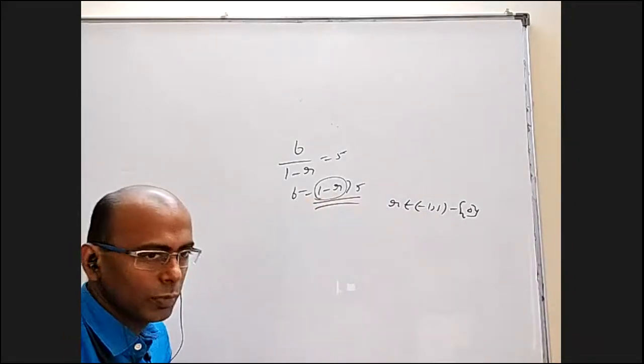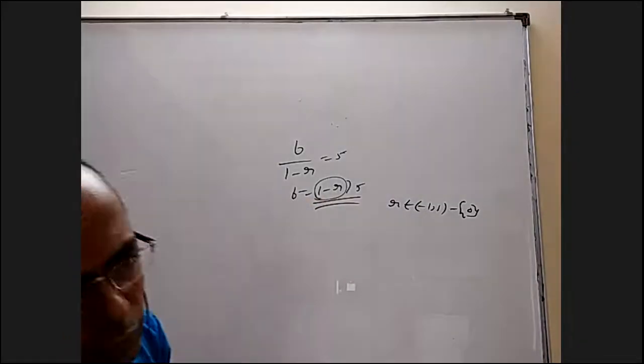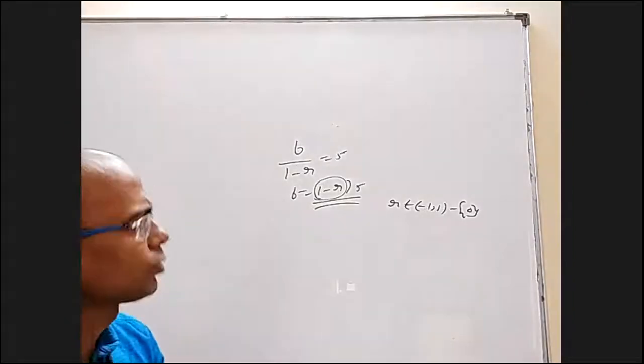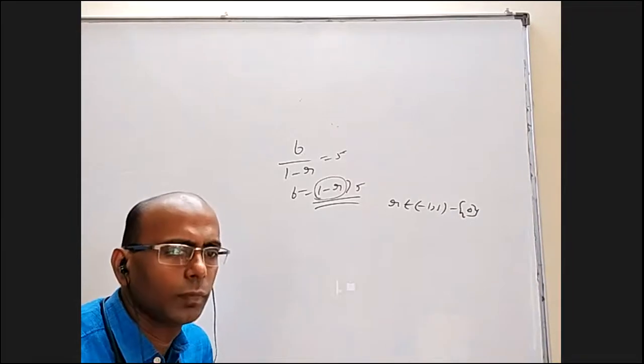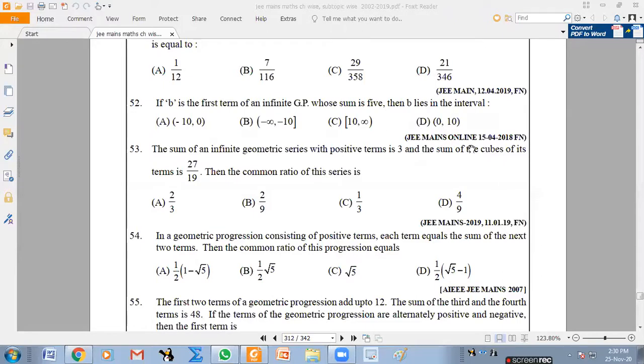So small b should be between 0 and 10, except 5 should be there. I don't know whether they gave that or not. They simply give 0 to 10. That means they take 5, 0, 0, 0, 0 forever also as an infinite GP, which may be wrong, may not be.